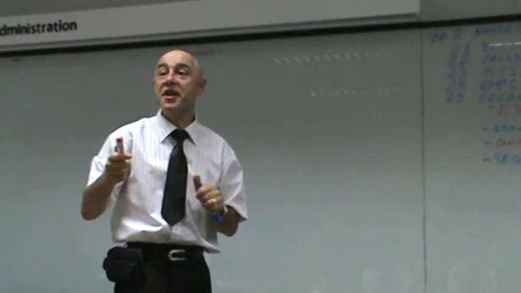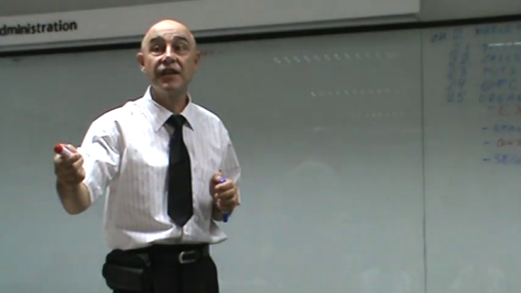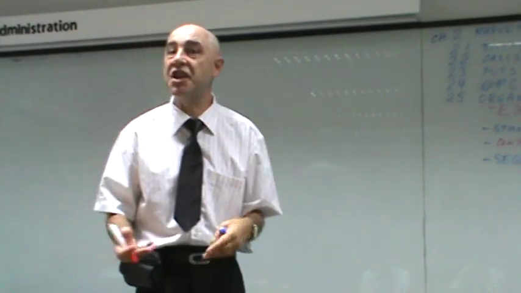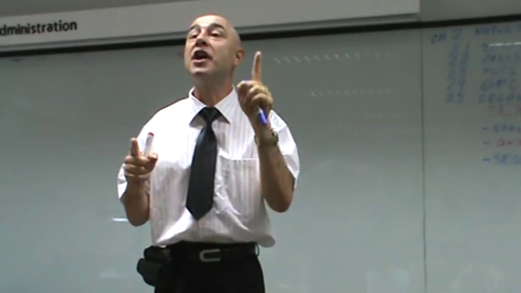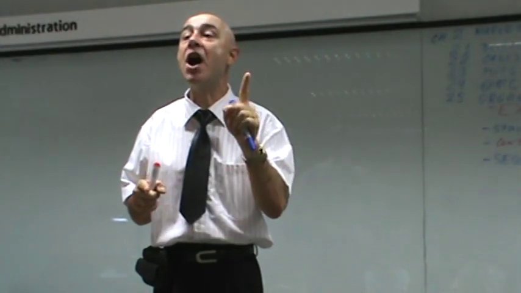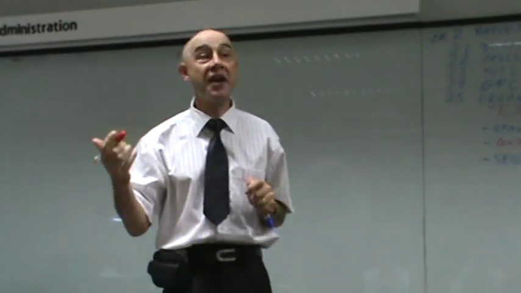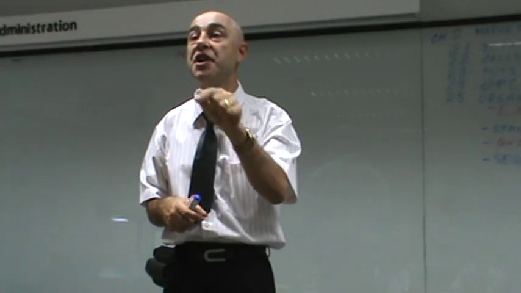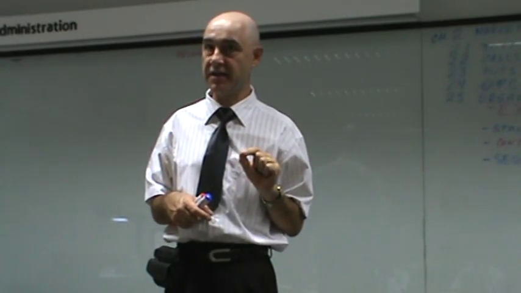A primary market is a market where a security is issued and sold for the first time. So the primary market is the market where the issuer sells the security to the first buyer. Okay?